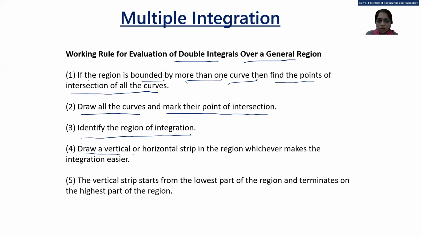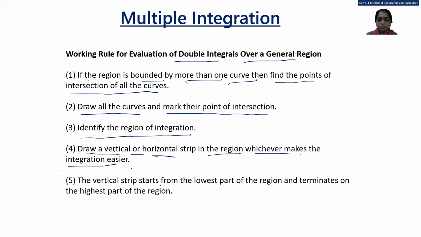Draw a vertical or horizontal strip in the region, whichever makes the integration easier. There is no rule about which type of strip you have to draw. Whatever strip makes the integration easier, you may take a vertical strip or a horizontal strip.